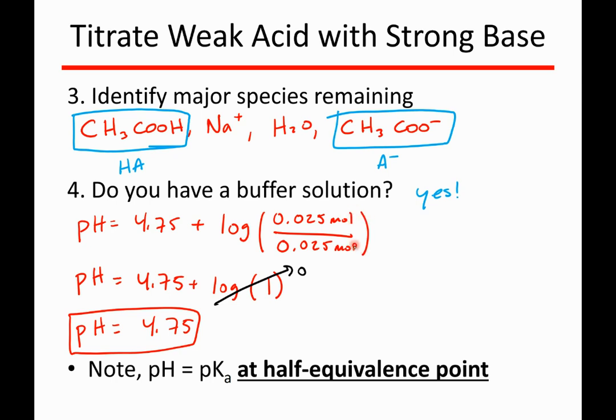Therefore, at the half equivalence point, this ratio of A minus over HA will always be 1. The log of 1 goes to 0, leaving you with pH equals the pKa. Next, we'll take a look at the fourth and final point on our titration curve. Next, we're going to take a look at something called the equivalence point.